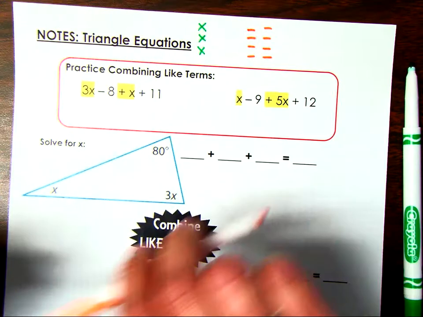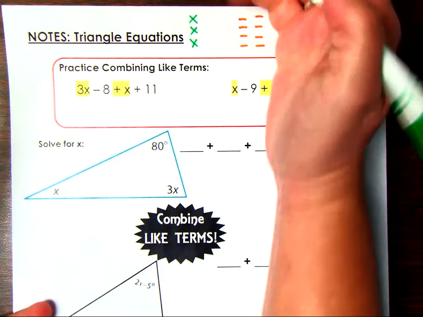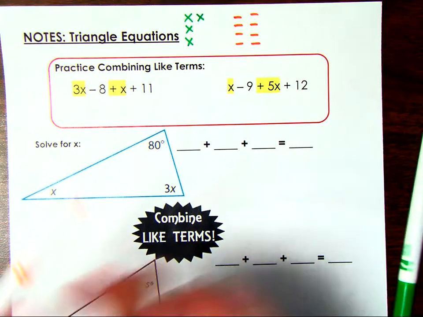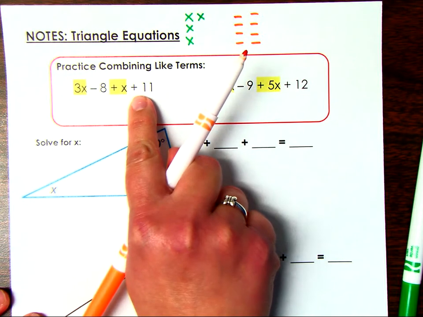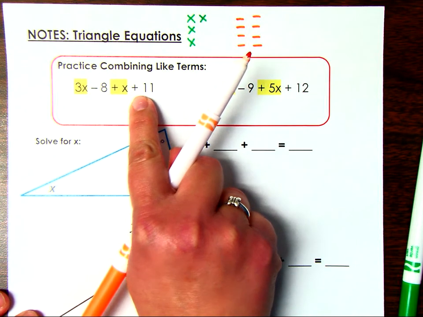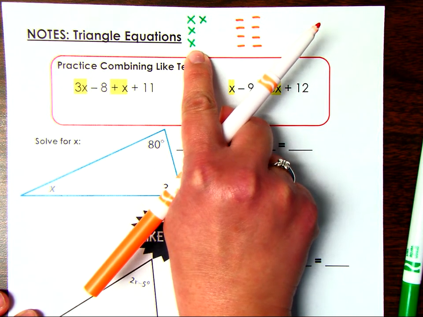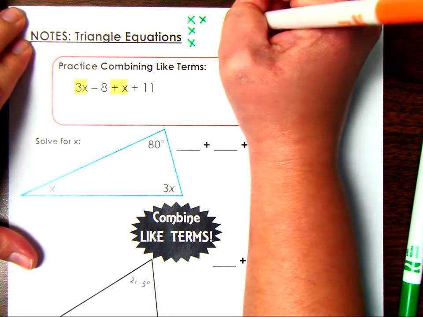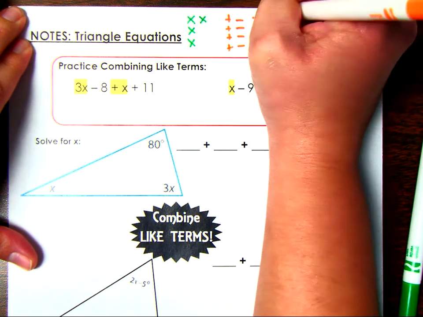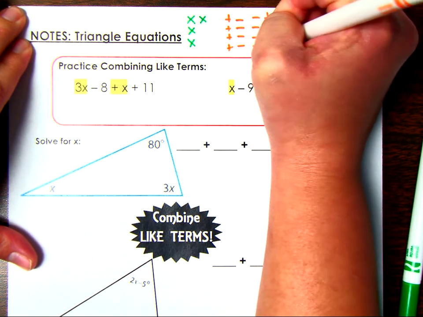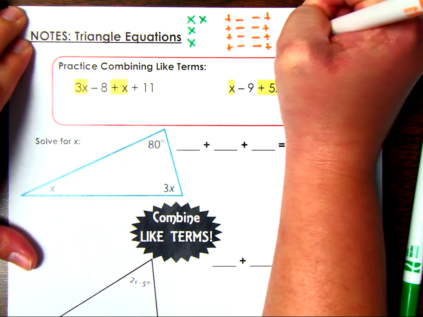Then if I add one more x, I'm going to put the x with the other x's. And if I have 11 positives, again I can't add 11 positives to these x's because we don't know what those x's are worth. So 1, 2, 3, 4, 5, 6, 7, 8, 9, 10, 11.